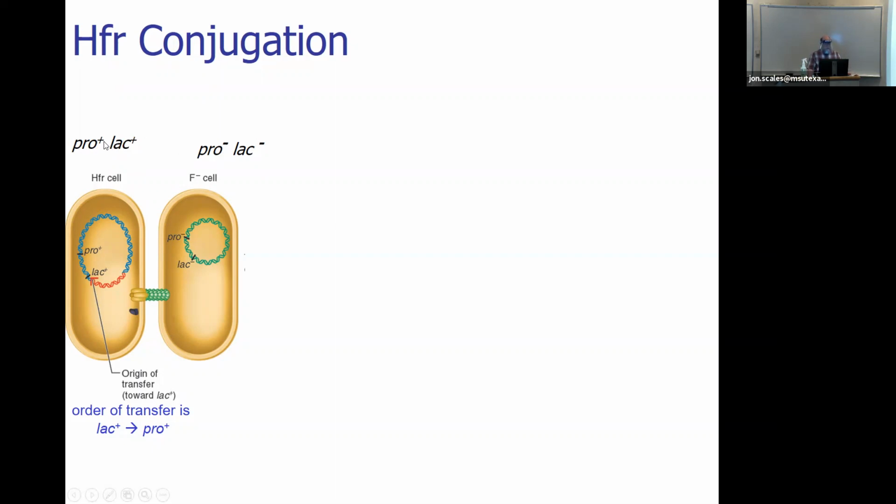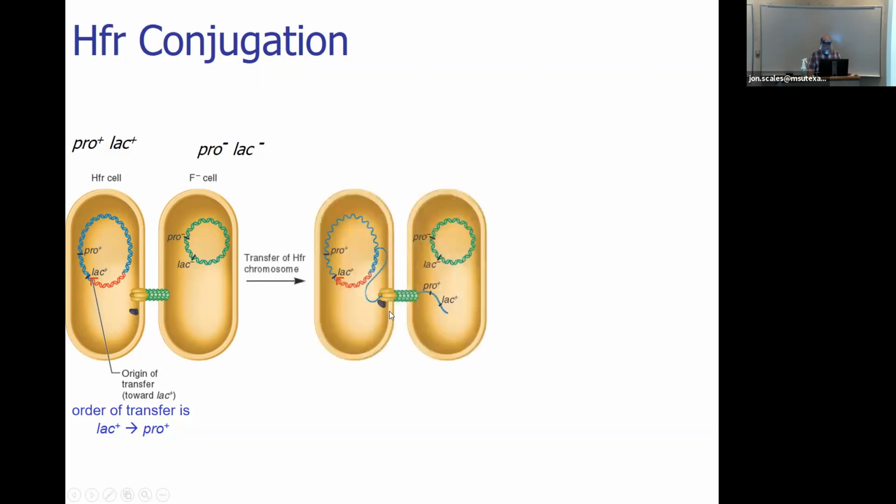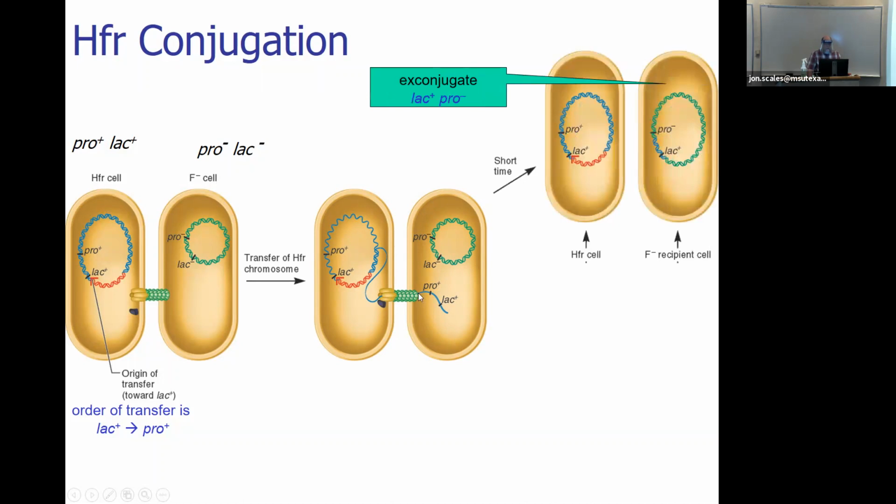So proline plus, lac plus is the donor, and proline minus, lac minus is the recipient. And so the donors try to mate with the recipients. They transfer some DNA over, right? After a few minutes, if you let this go for just a few minutes, the lac gene comes in, and the lac gene can recombine so that these cells might become lac plus where they used to be lac minus.